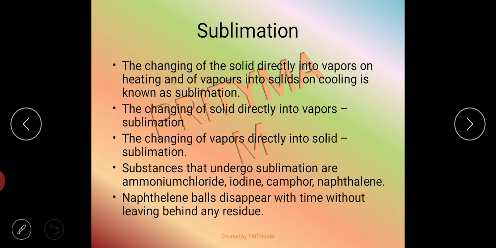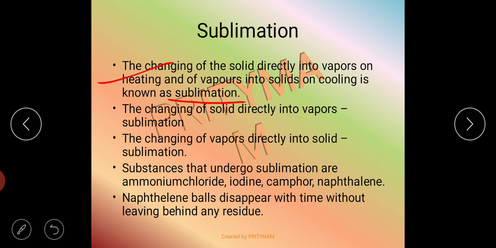So, the changing of solid directly into vapors on heating and of vapors into solids on cooling is called sublimation. So we see that solid on heating changes into vapor, and vapor on cooling changes into solid.